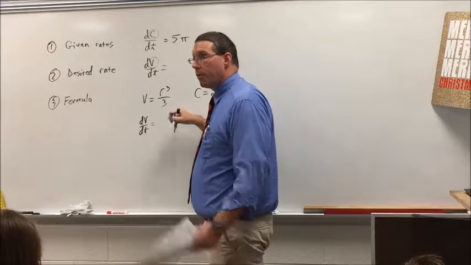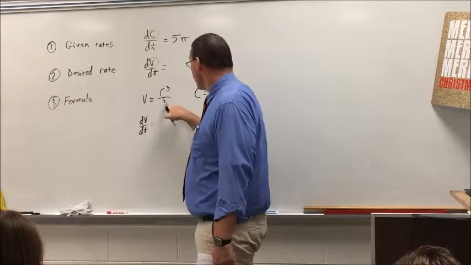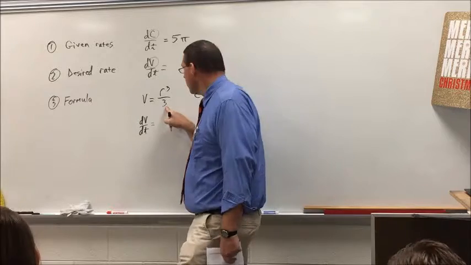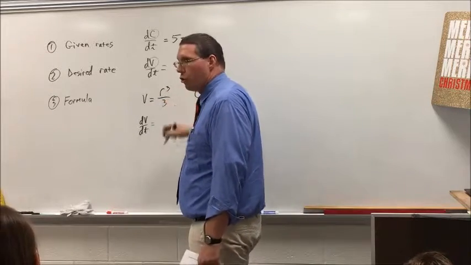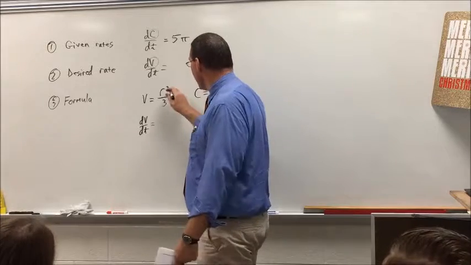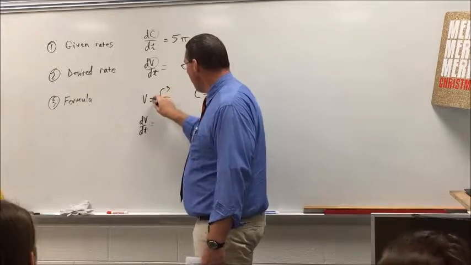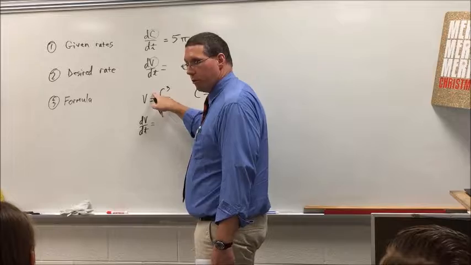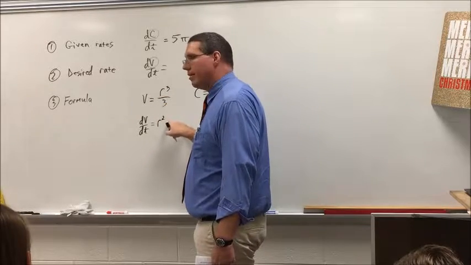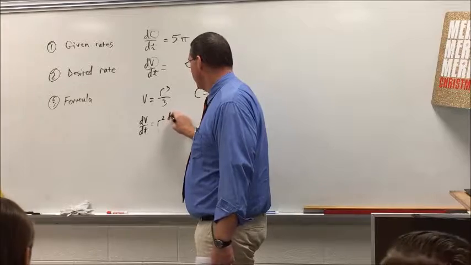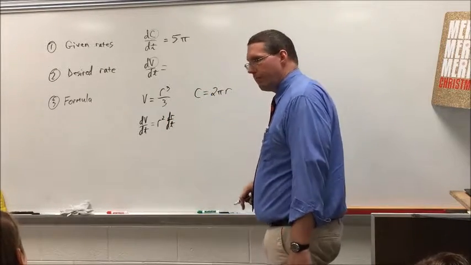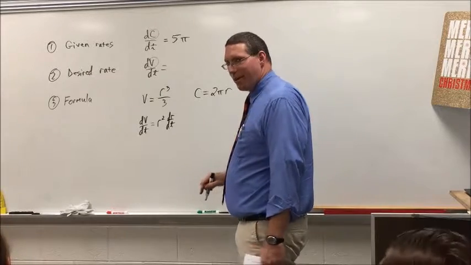Wouldn't that be the quotient rule? No, you only need the quotient rule when you have a variable down here. This is the same thing as 1/3 of r cubed. So the 3's are going to cancel, right? So it's just r squared, but I also need to tack on a dr/dt. Right?